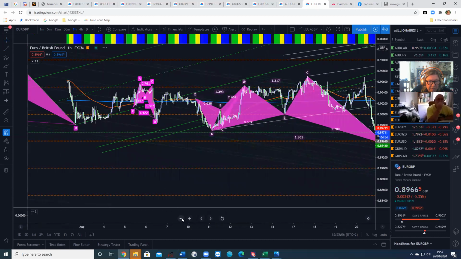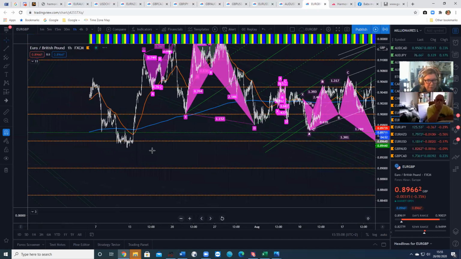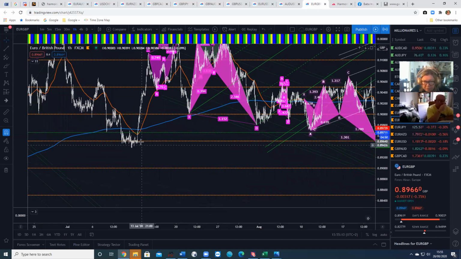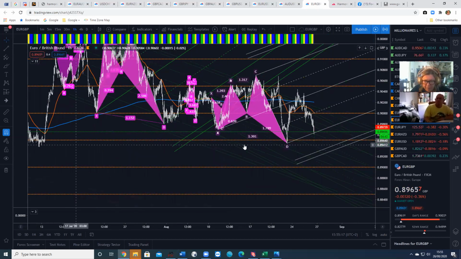And I'm not that keen on EURGBP in New York either, I have to say. There's a previous point of resistance at that 8.9, 500. Quite a lot of stall out there. So it may well want to come back down to that point, in effect, where that D point is, if not further.